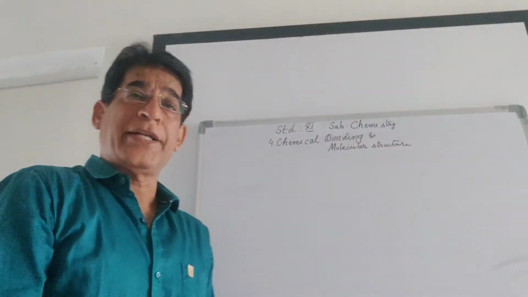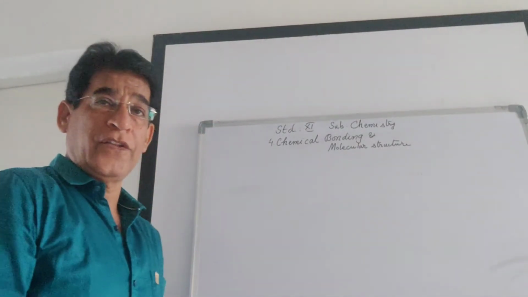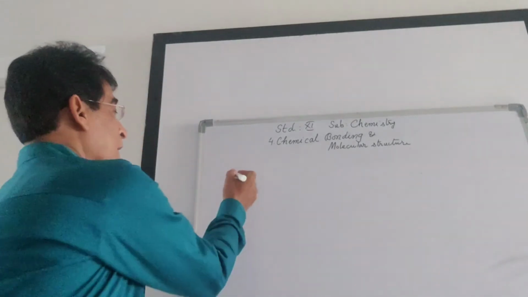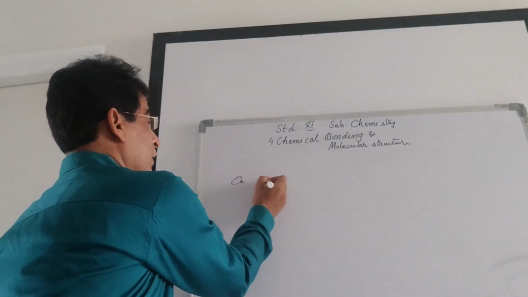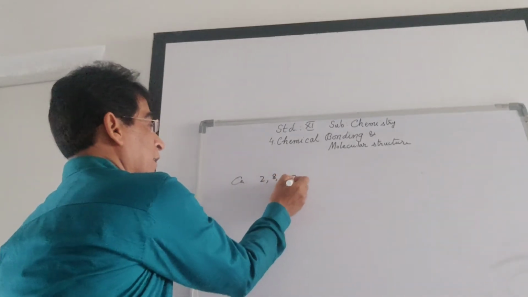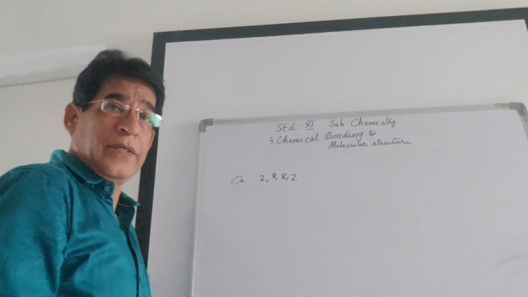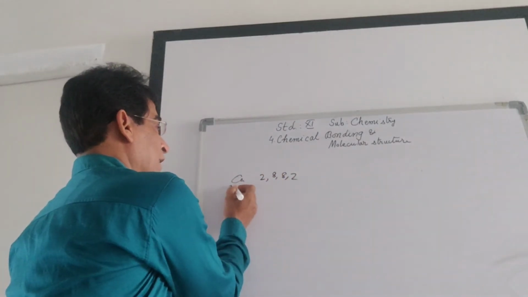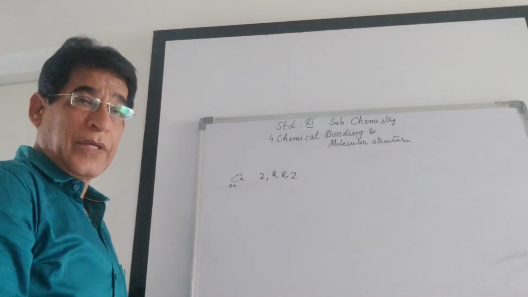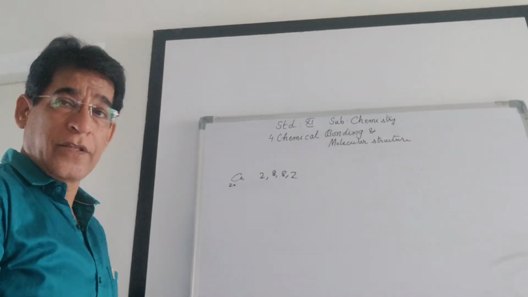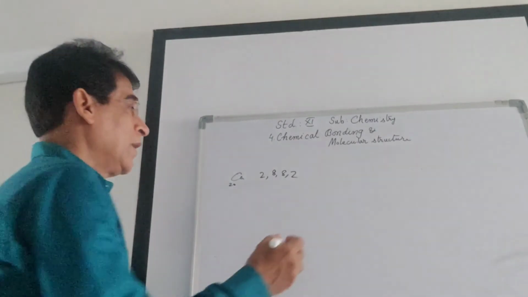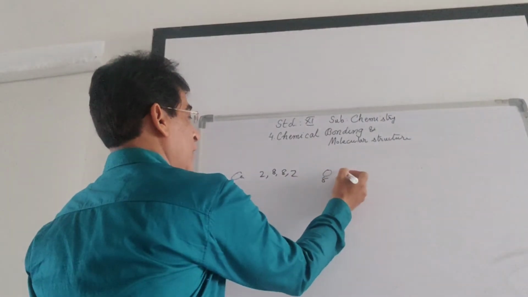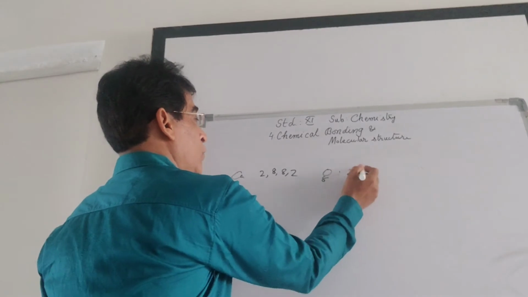Now, the electronic configurations of Ca and O are as follows. Ca has atomic number 20, and its electronic configuration is 2,8,8,2, and oxygen's electronic configuration is 2,6.